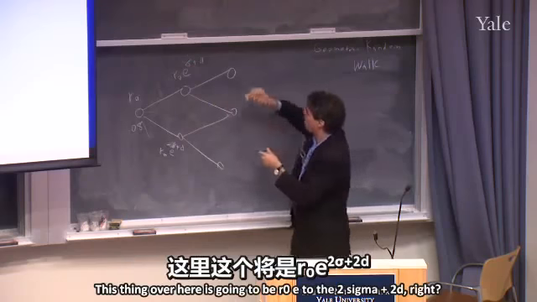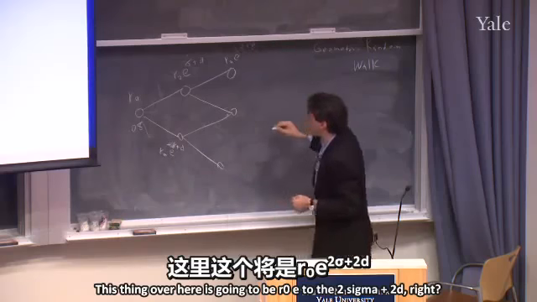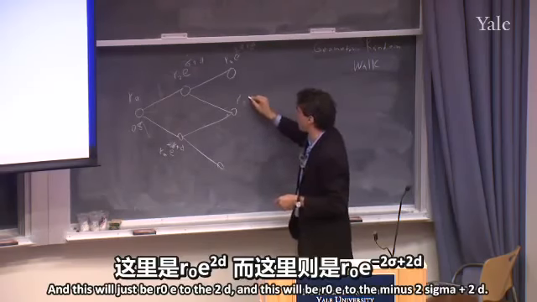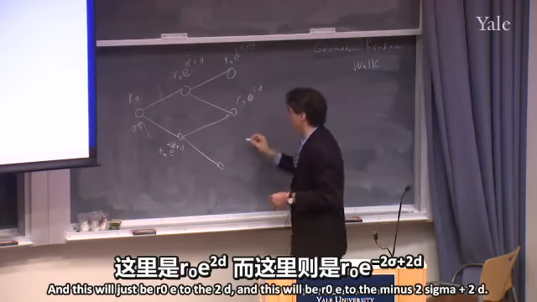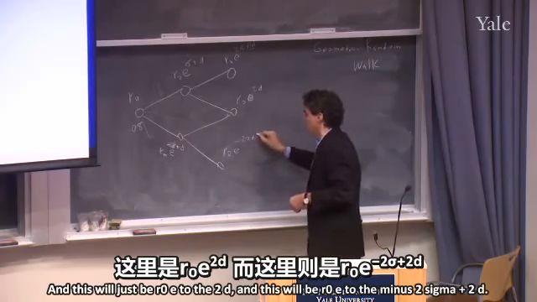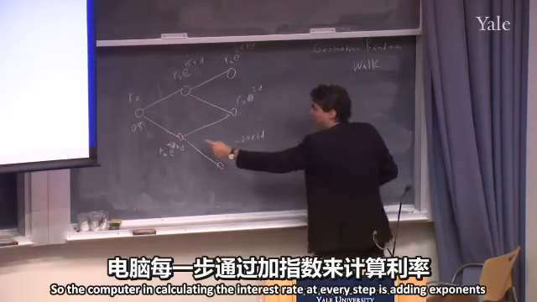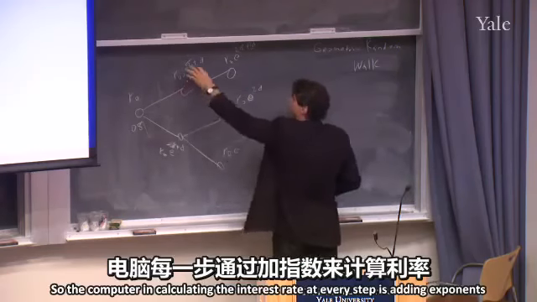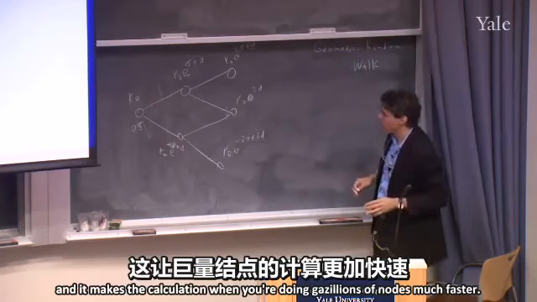This thing over here is going to be R0 e to the 2 sigma plus 2d, right? And this will just be R0 e to the 2d, and this will be R0 e to the minus 2 sigma plus 2d. So the computer, in calculating the interest rate at every step, is adding exponents, and it makes the calculation when you're doing gazillions of nodes much faster.